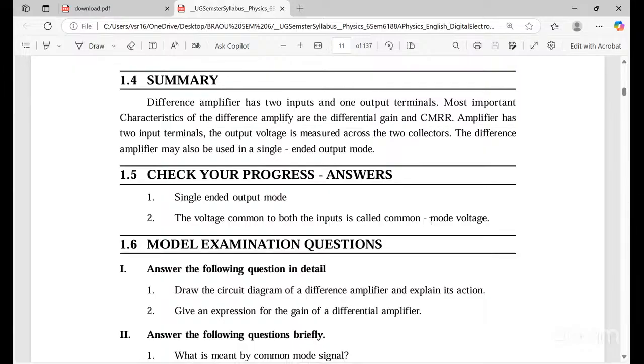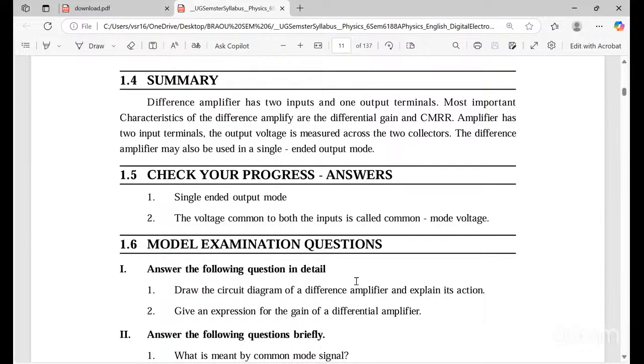The most important characteristics of the differential amplifier are the differential gain AD, equal to V0 by VD, and the CMRR. The amplifier has two input terminals and the output is measured across the two collectors, not across the two emitters. Plus VCC is there. The difference amplifier can also be used in a single-ended output mode.